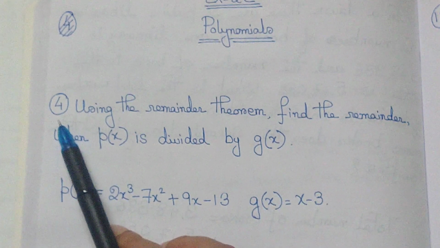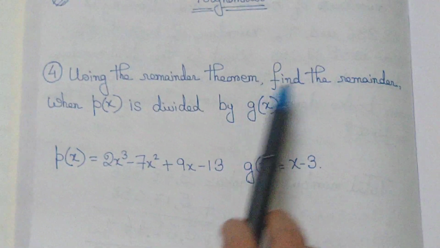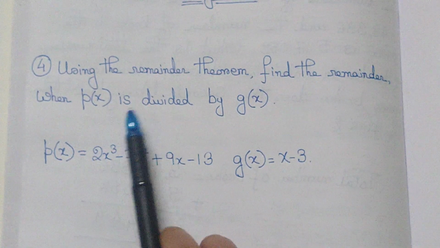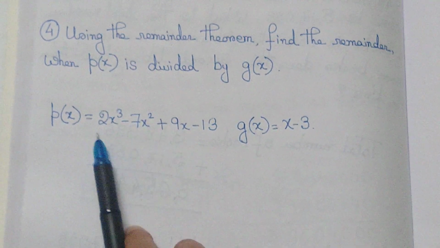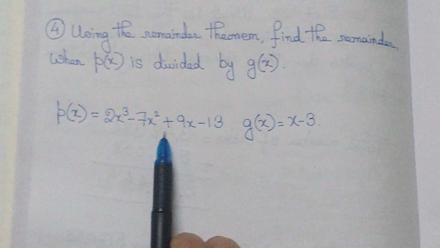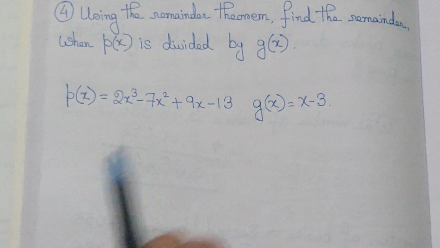We are going to solve sum number 4. The question is, using the remainder theorem, find the remainder when p(x) is divided by g(x). Now see, p(x) is a polynomial because x has non-negative integers as powers, and p(x) is getting divided by g(x).